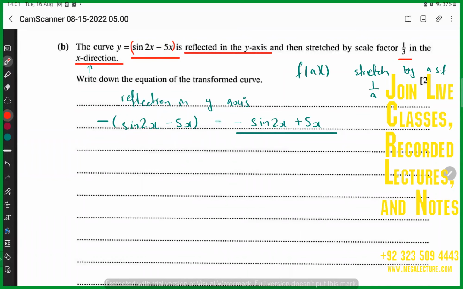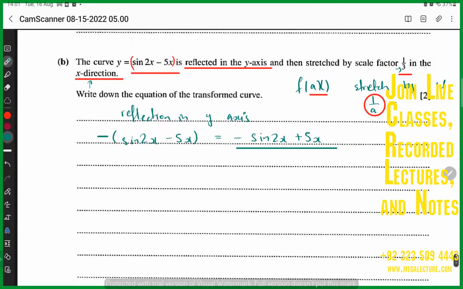Actually, when a number was being multiplied with x, our shape did not look like a stretch. So this was basically that case. Here the a is being multiplied with x, but the stretch factor used to be 1/a. So I am going to multiply this 3 with x because I have 1/3 as my stretch factor. So this would mean that a is equal to 3.